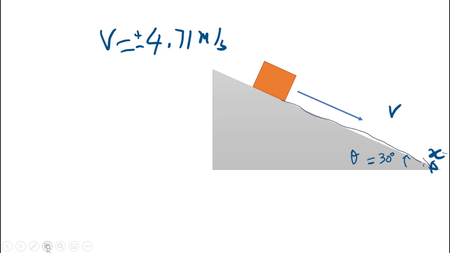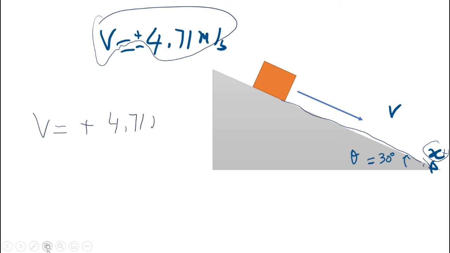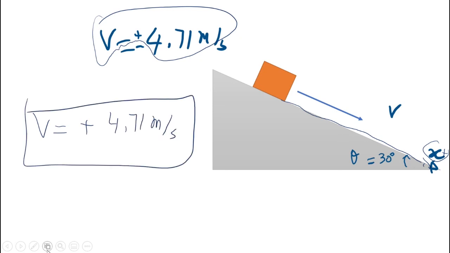So in x positive, that means the direction of velocity will be on the x positive. In this case, we will have just the plus value. So the velocity of the object will be plus 4.71 meters per second. Thank you.